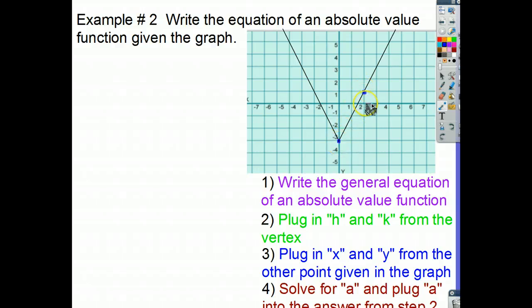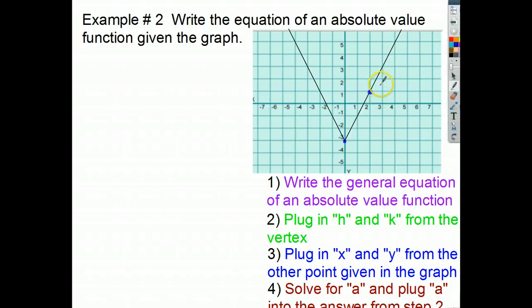What this means in the text is that you can figure the coordinates of these points out with certainty, which means they should be integer coordinates. So for starters, we'll write down the coordinates of these highlighted points. Here it's 2, 1, and here, this is obviously the vertex, is 0, negative 3.